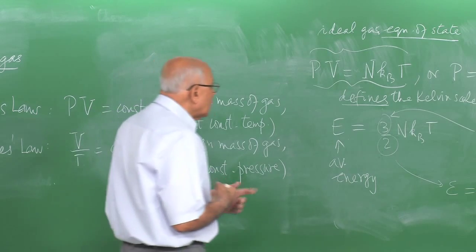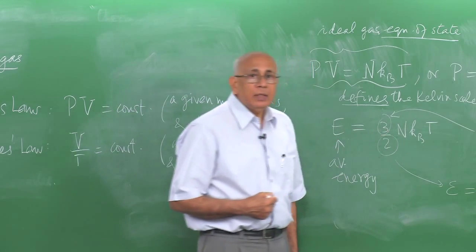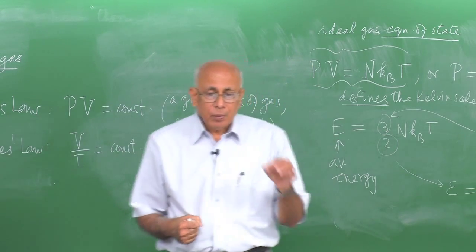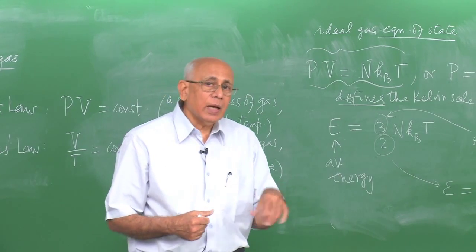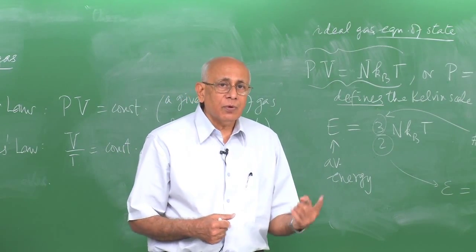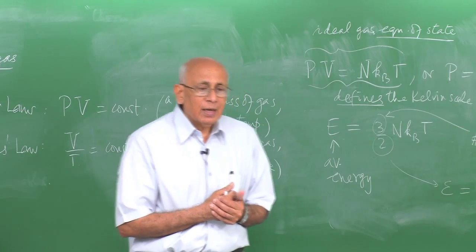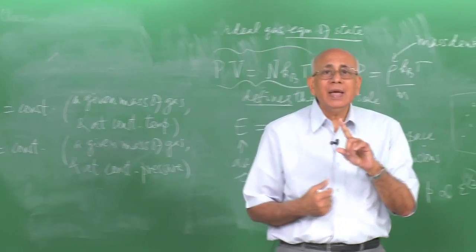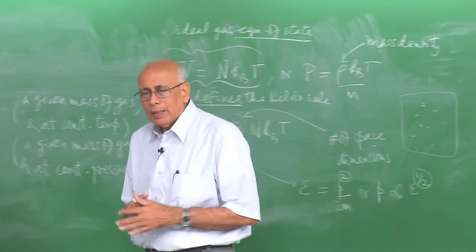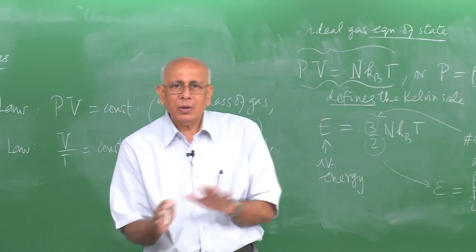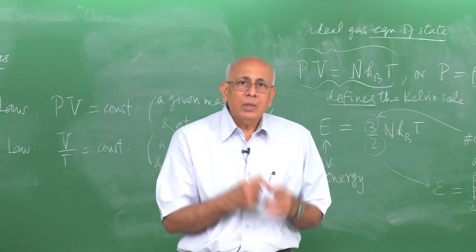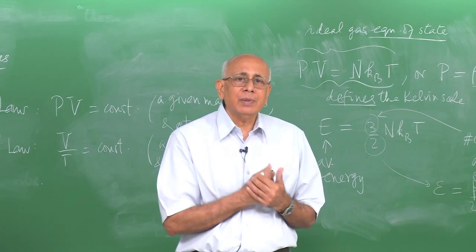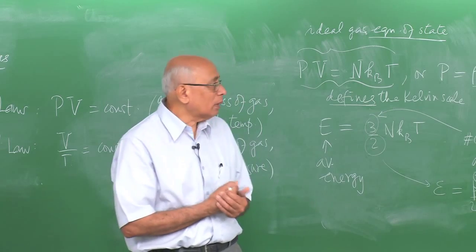For instance, once you know this, you can deduce a property of the ideal gas which you cannot deduce in thermodynamics for normal thermodynamic systems, and let me explain what that property is. The specific heat of a system, whether it is at constant volume or constant pressure or any other condition, is not derivable from the laws of thermodynamics.